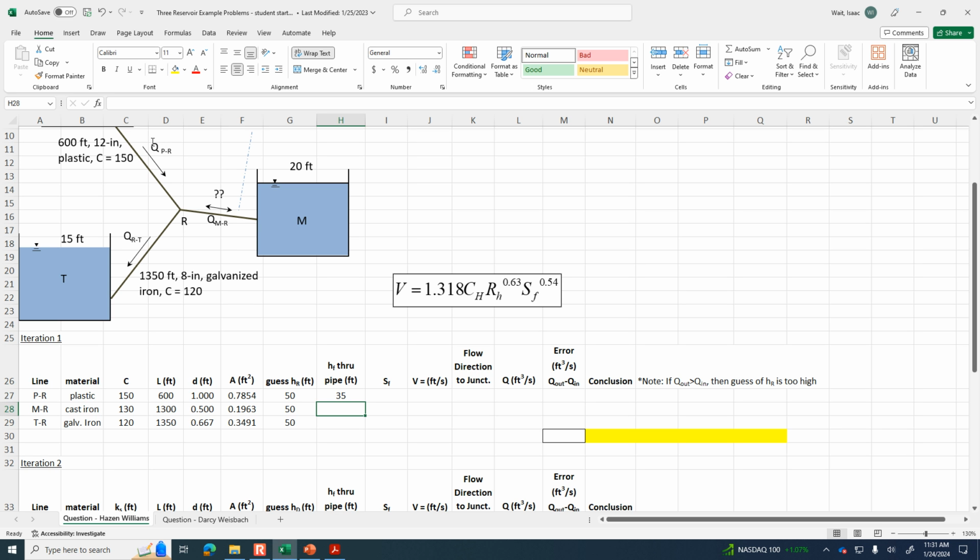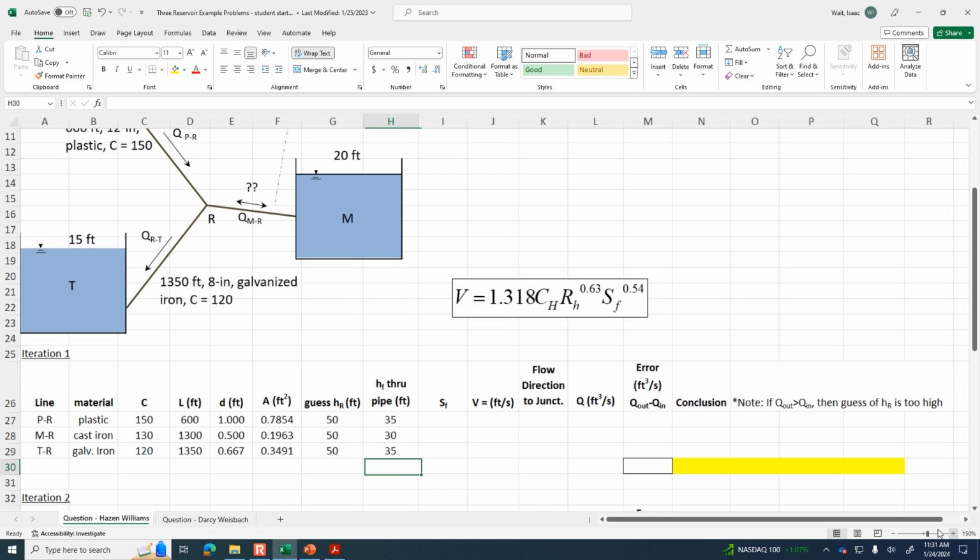Likewise, if the head is 50 at R, then the head loss from 50 to 20, we have to set that up as 50 minus the given elevation of 20 feet. So it would be 30 feet of head loss. And then if it's 50 at R, it's going from 50 to 15. So it's going 50 minus 15.